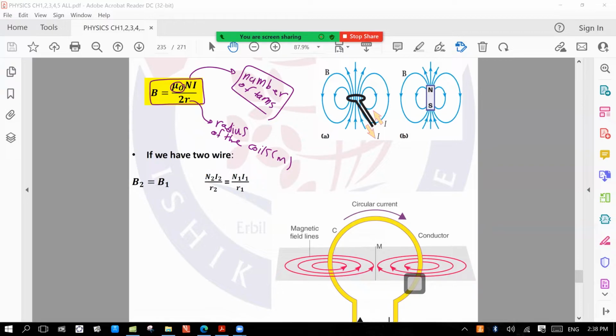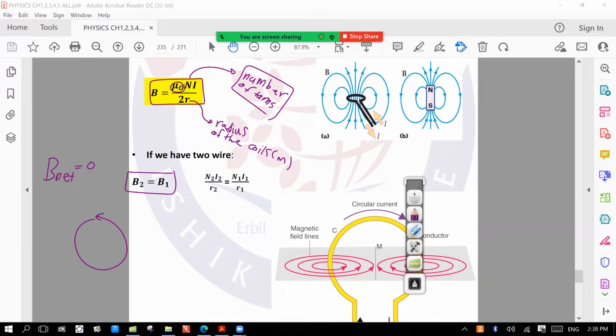What if you have two loops of the wire and the net magnetic field B net at the center of the two wires is equal to 0? In that case, you're going to say B1 is equal to B2. Like if you have one circle, one loop in that direction, and another loop in another color, another coil over there.